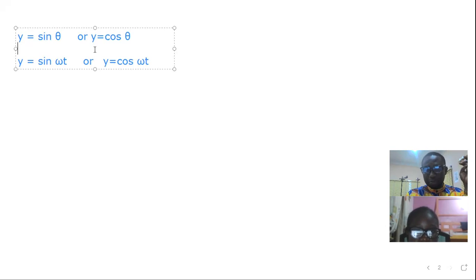So if we cross multiply, we should have theta equals w t. So with this now, we can proceed that generally a wave equation that has an amplitude and a constant angular velocity can be written as this.